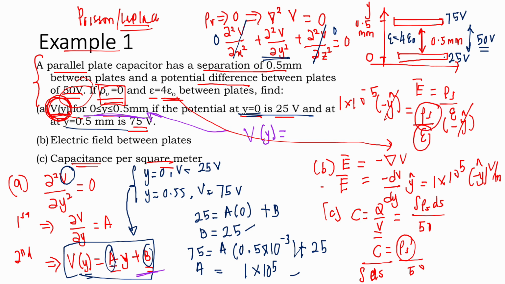You will get coulomb per meter square. It's going to be 4 times 10 to the power of 5 epsilon naught over 50. Please calculate this and come up with one value. The unit will be farad per meter squared, because it is capacitance per meter squared.